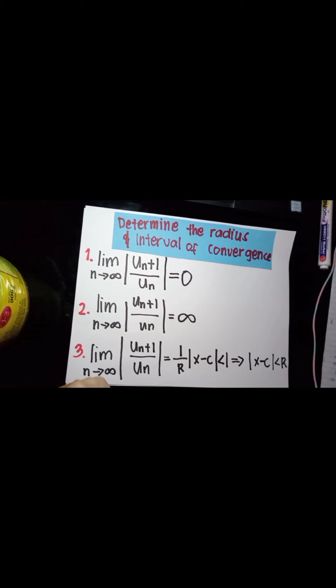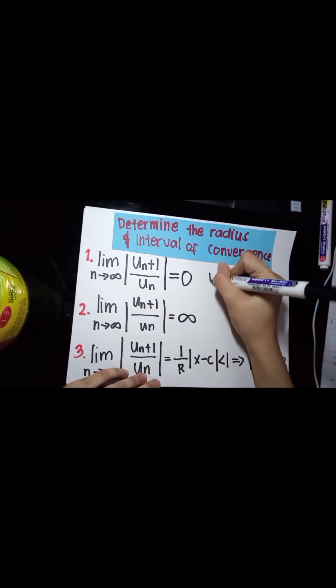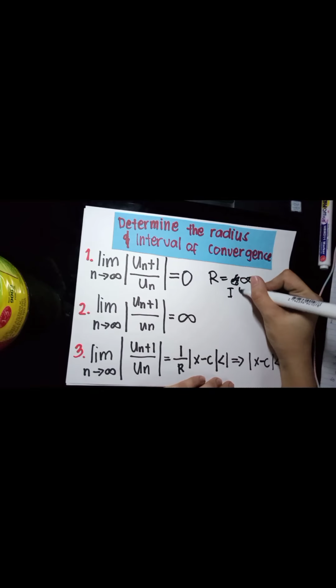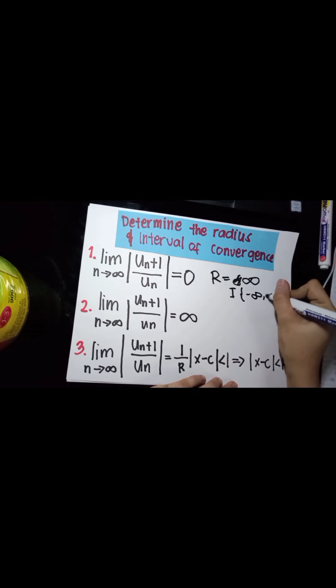If the ratio test gives you 0, then the series converges for all x values. So the radius of convergence is r equals infinity, and the interval of convergence is negative infinity to infinity.